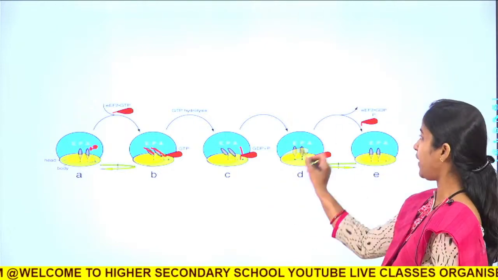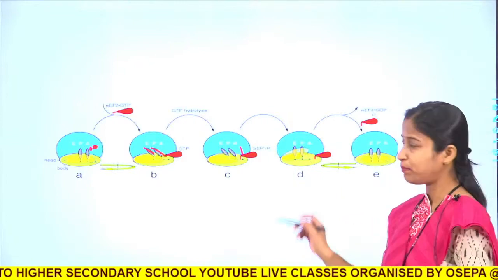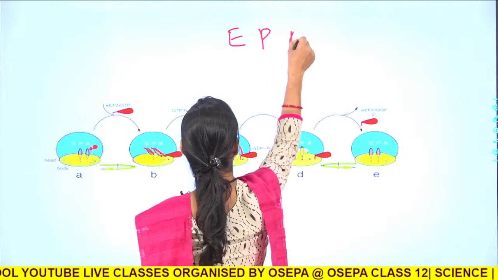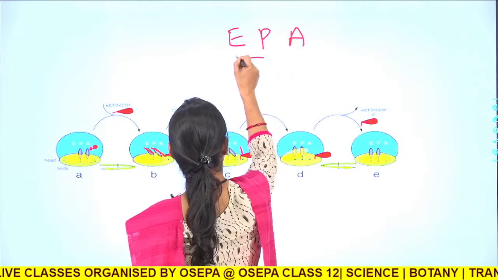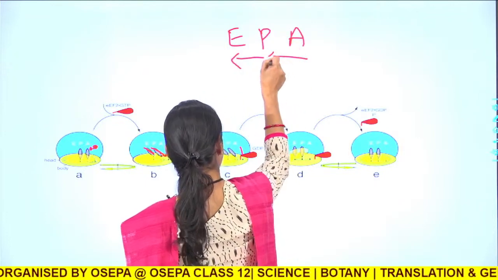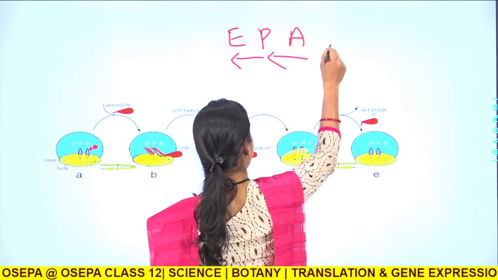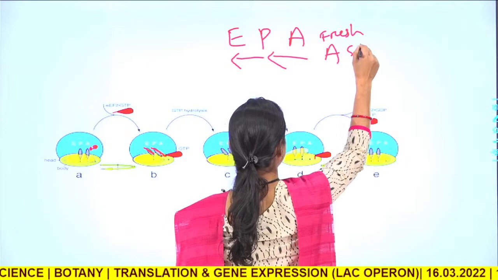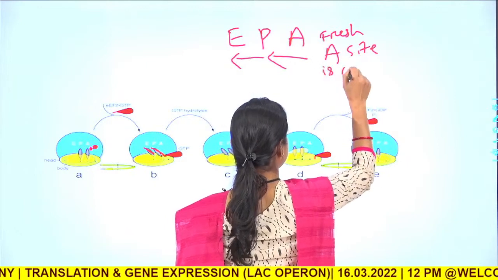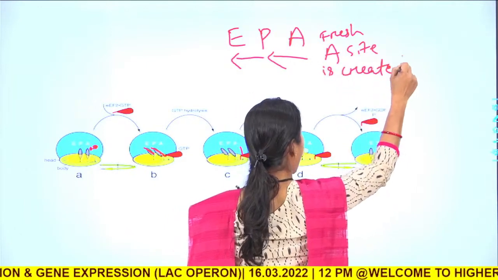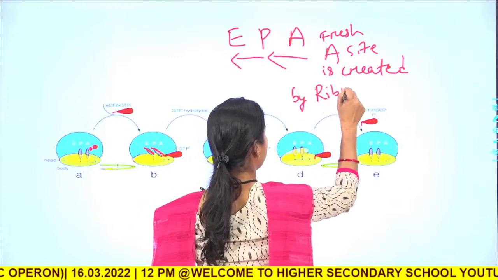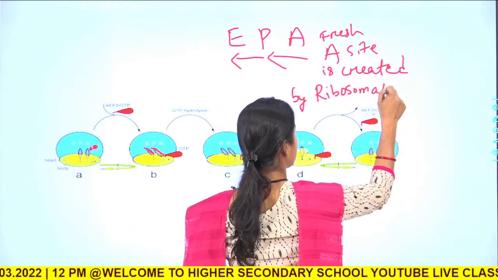So in this way translocation happens. It always converts a P site to an E site and an A site to a P site, and a fresh A site is always created by the ribosomal translocation.